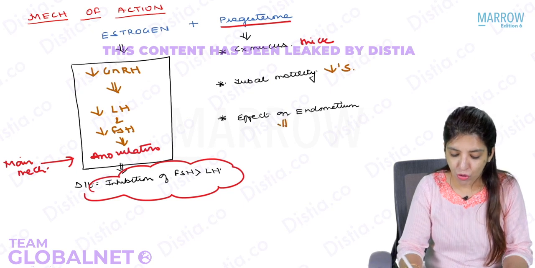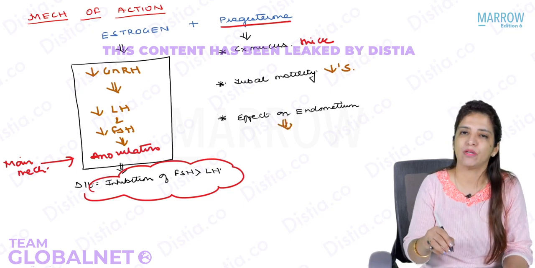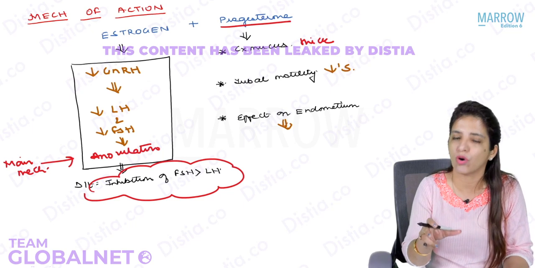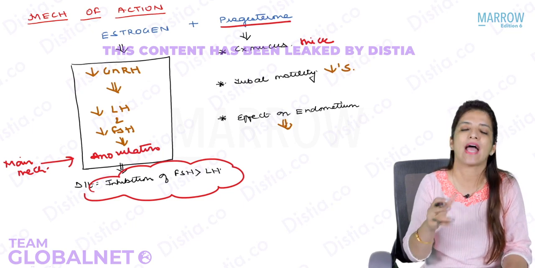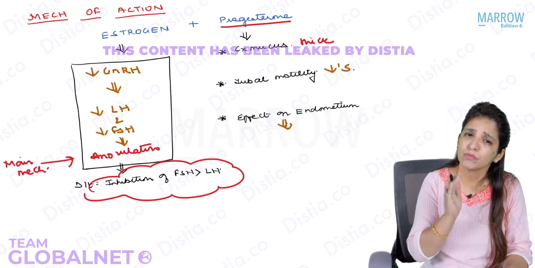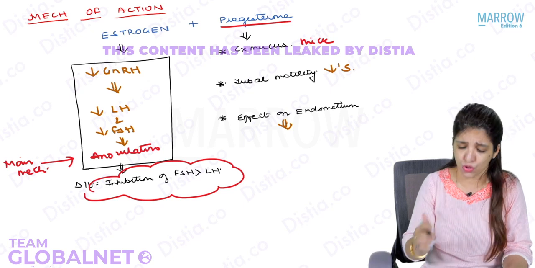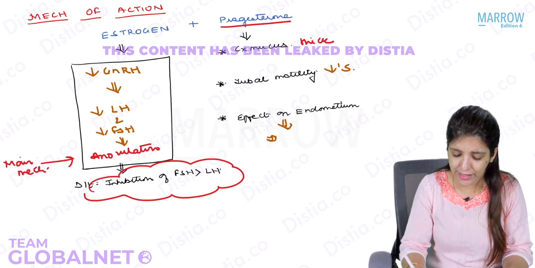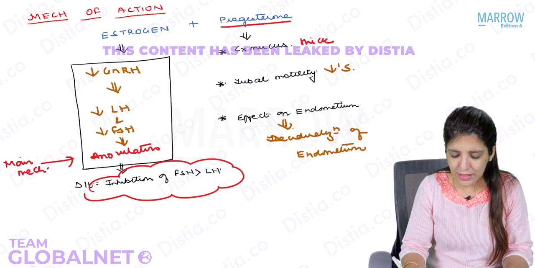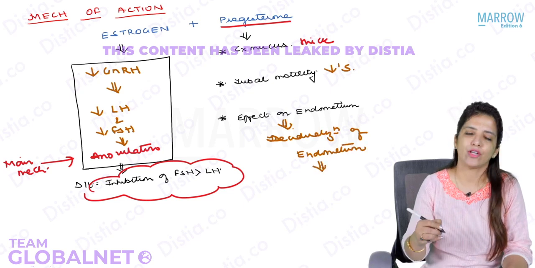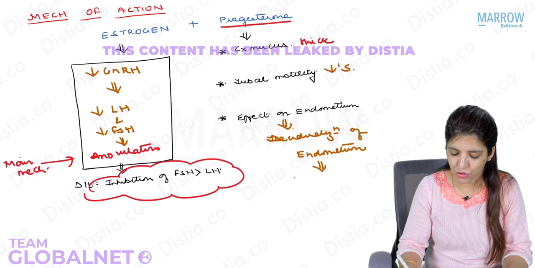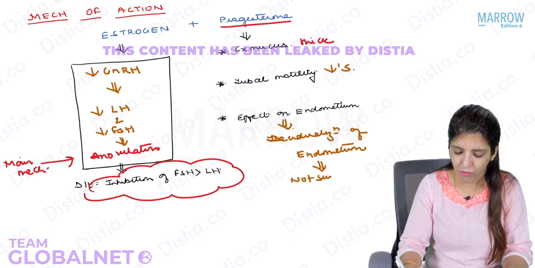And then because we are giving an oral combined pill where there is estrogen and progesterone, we all know that progesterone has an anti-proliferative effect. So when you give progesterone, it brings about decidualization of the endometrium. And because there is decidualization of the endometrium, this endometrium is not suitable for implantation.